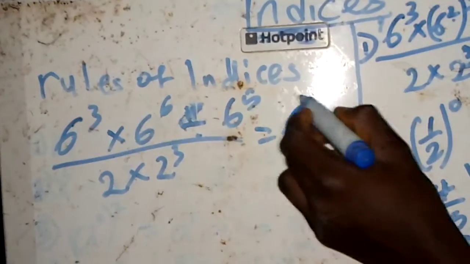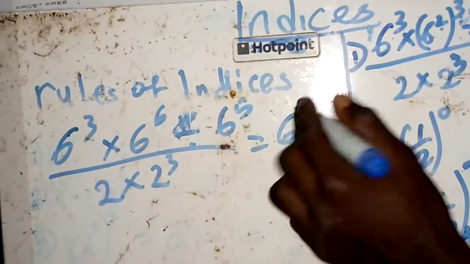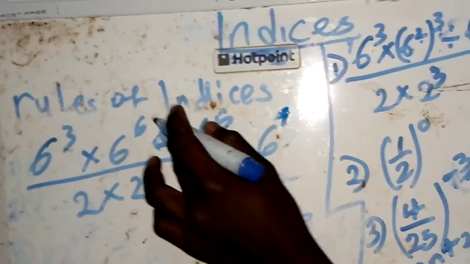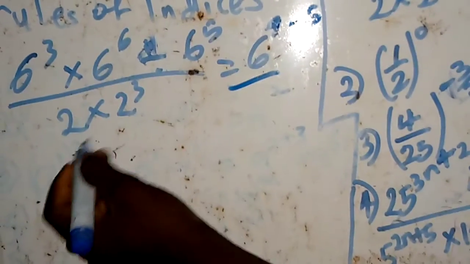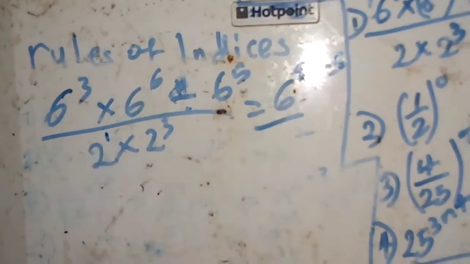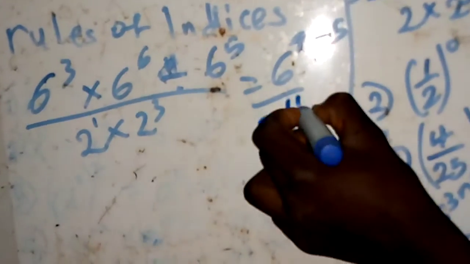So 3 plus 6, that's 9. This divide turns to minus, so minus 5. Divided by, you pick one, the same base but different powers. Note that there is a 1 here, so you must know that 2 raised to power 1 equals 2. So you pick 2, then 1 plus 3.